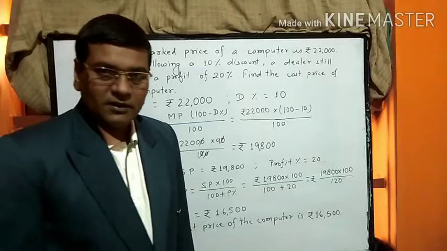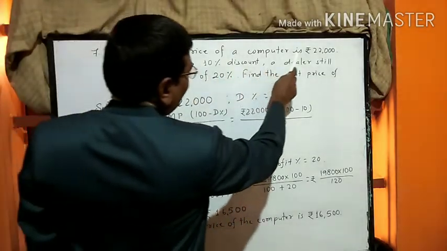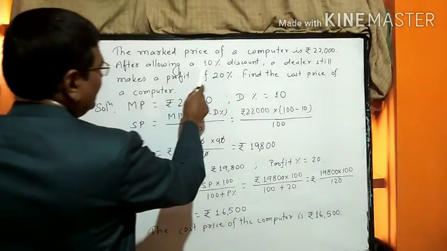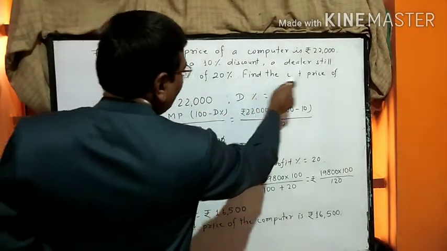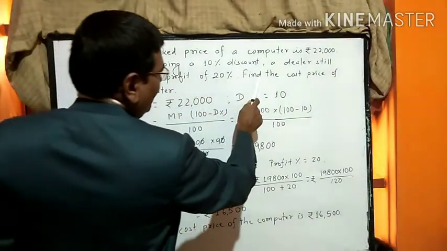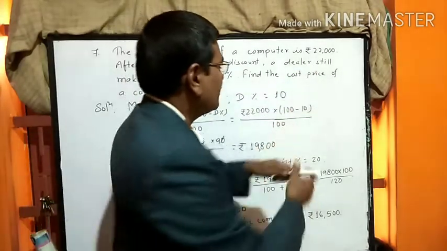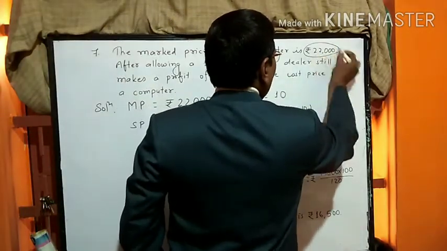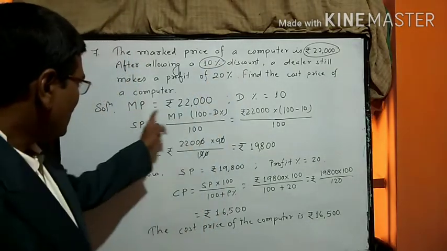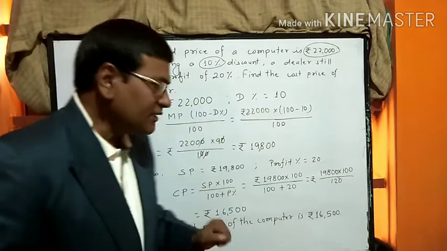The marked price of the dinner set is rupees 2800. Now question number 7. The marked price of a computer is rupees 22,000. After allowing a 10% discount, a dealer still makes a profit of 20%. Find the cost price of a computer. Marked price, discount, MP equal rupees 22,000, discount 10%.